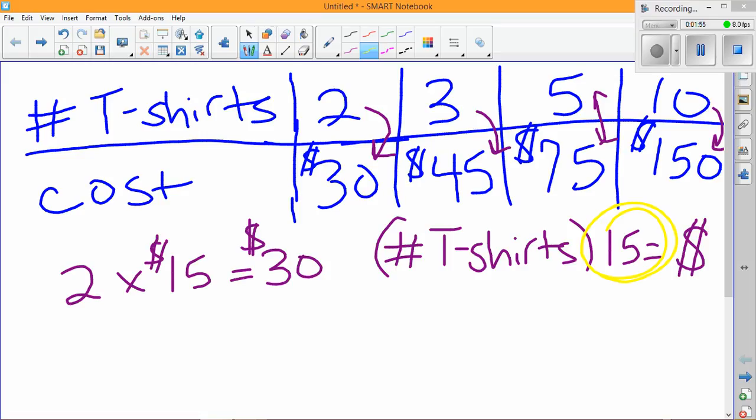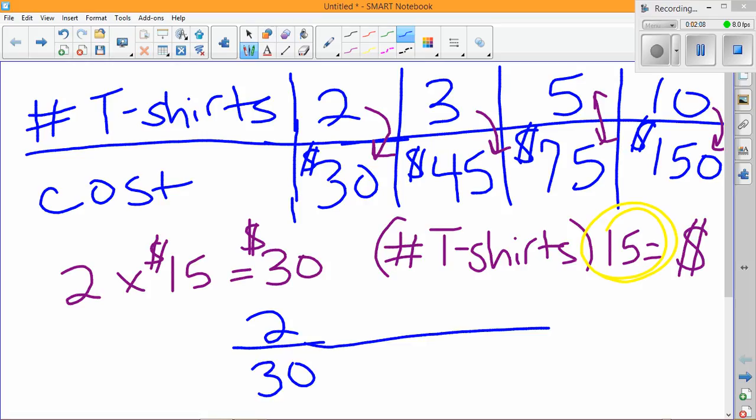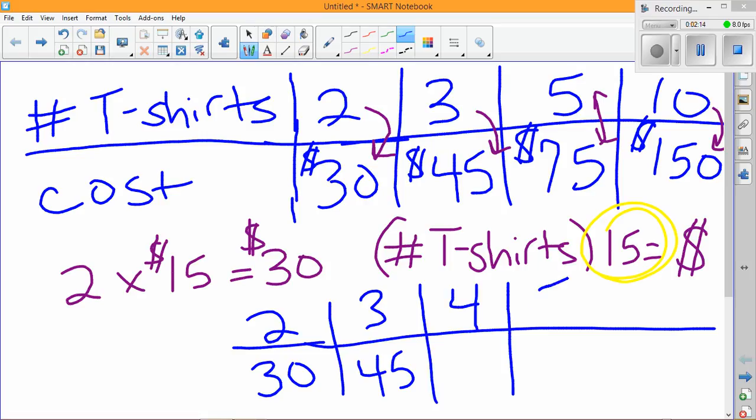Another thing you might want to notice is that each side will go up proportionally. So for example, let's fill in some of the blanks. 2, 30, 3, 45. If I were to put a 4 in here, to fill in the gap, you can see that each one goes up by 15.